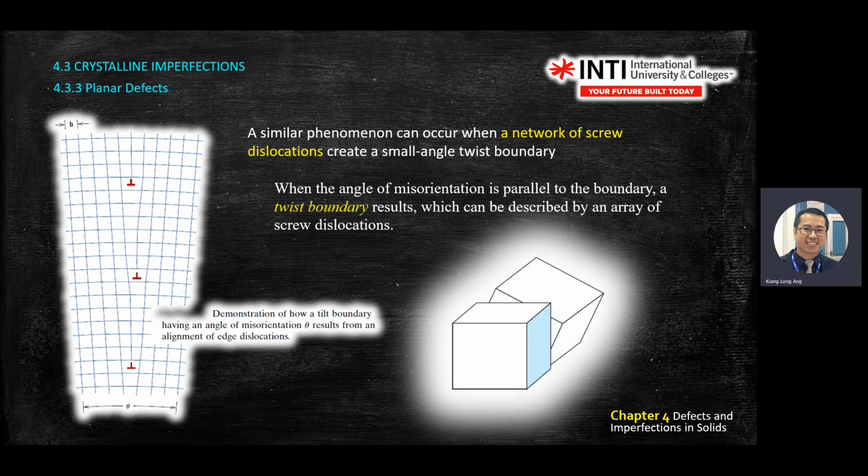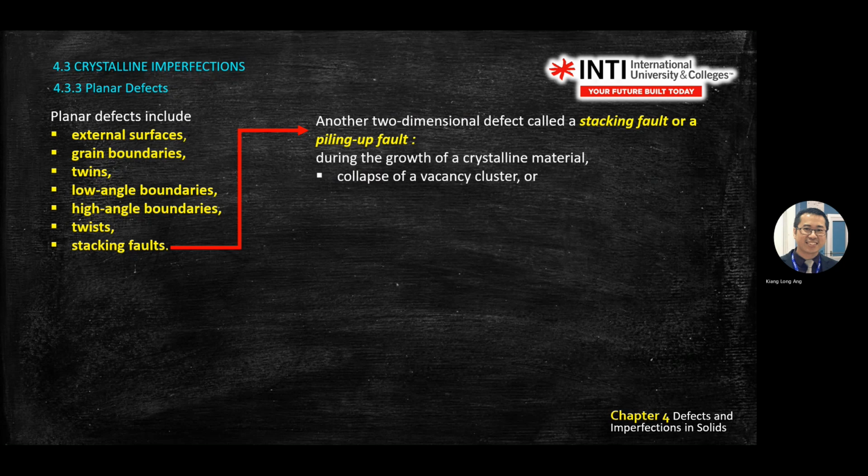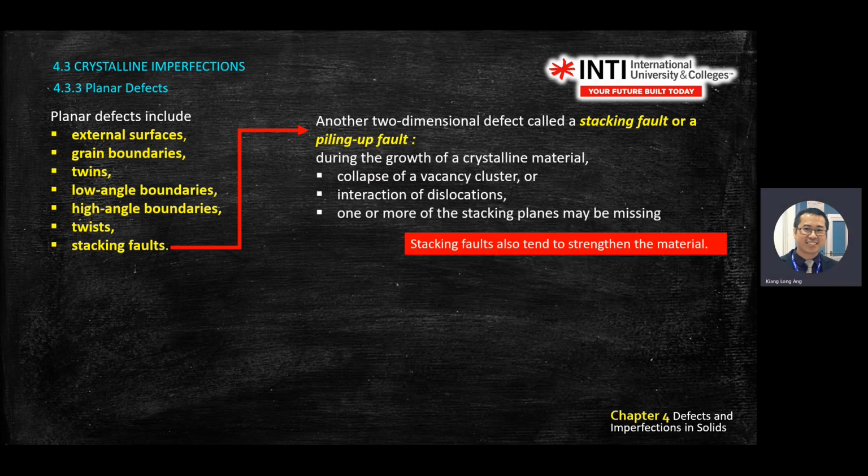Twist boundary means like the one you see on the screen here, there's a twisting motion between the boundary. This one you can say is three-dimensional. It's the twisting of plane. The last one, stacking fault. What I mean by stacking?